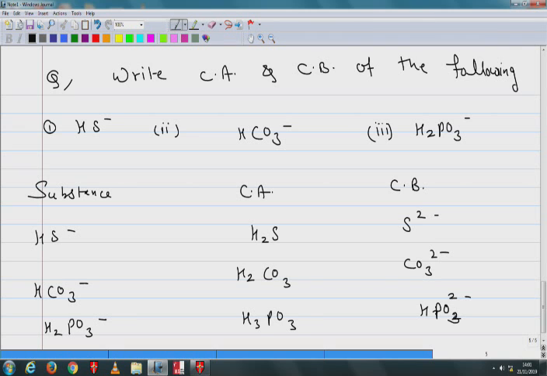Guys, identify the amphiprotic substance in HS minus, HCO3 minus, and H2PO3 minus? Tell me the answer. You can simply say 1, 2, 3. Need not type the substances.